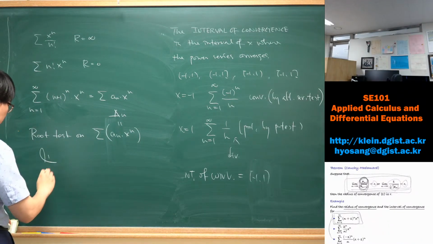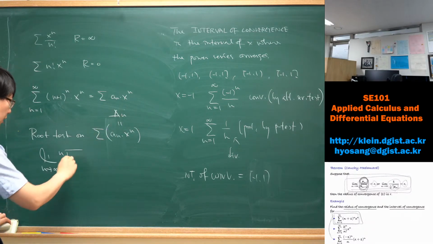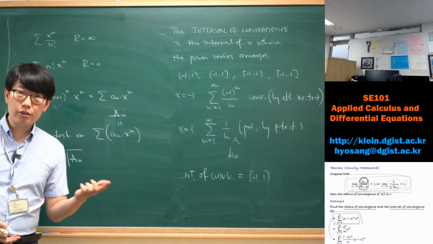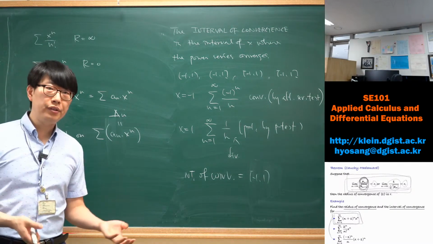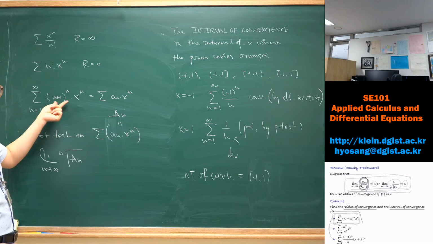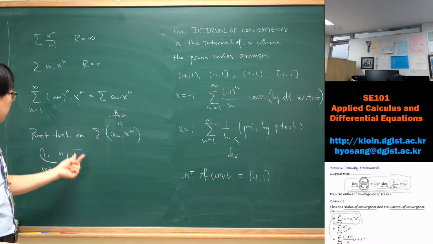So how do you use the root test? You take the nth root of the series, an. Whenever you take the root test, the condition is that your sequence must be positive numbers. Here, this is a positive number, but this x could be a negative number if you have a negative x inside.